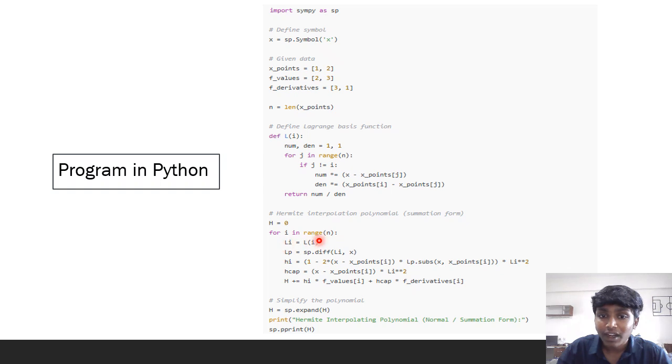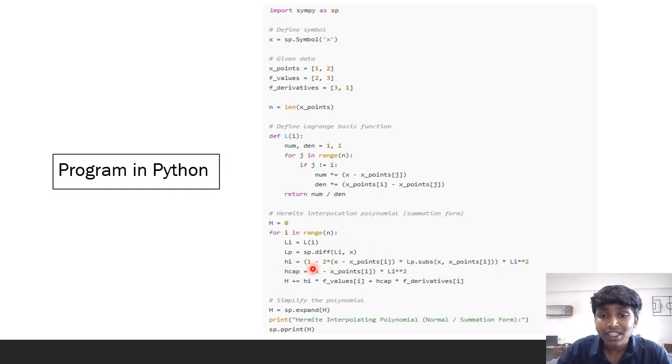Then in this for loop, L of i takes the value from the Lagrange basis function, and L of p is the differentiation, where sp dot diff does the differentiation of L of i.